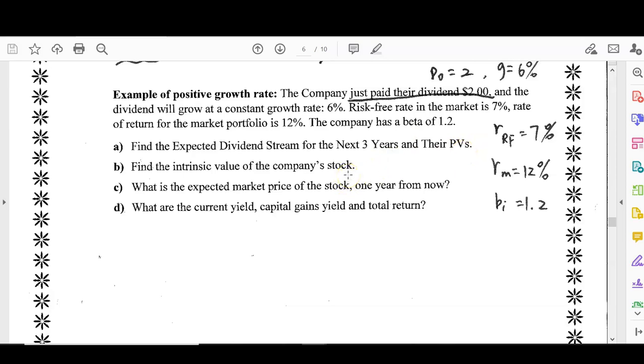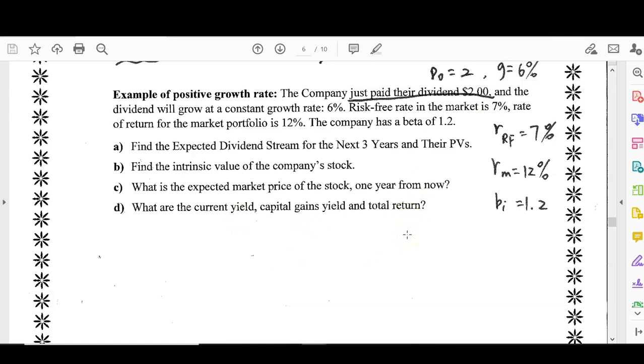Or you can solve for P0 by using D1 over RS minus G. We don't know RS here, so you probably need to use CAPM to calculate RS. And you could use P0 multiplied by 1 plus G to get P1. And you can use the current yield, capital gains yield, and total return formulas to get these three concepts.